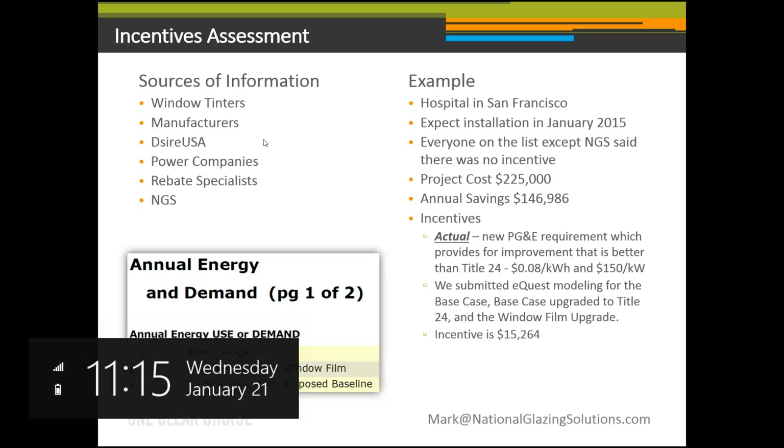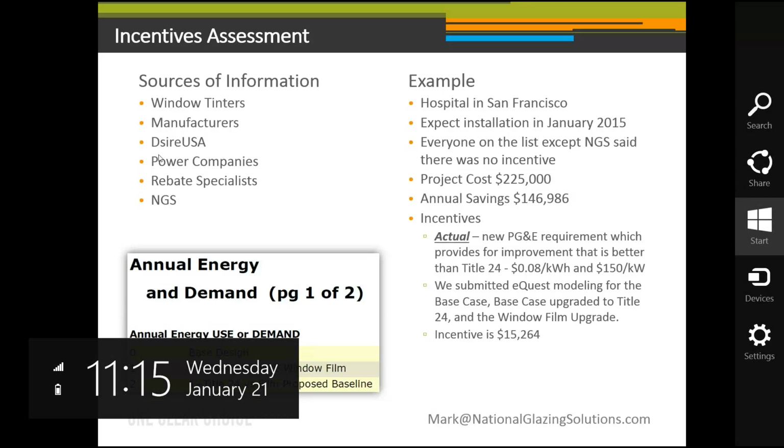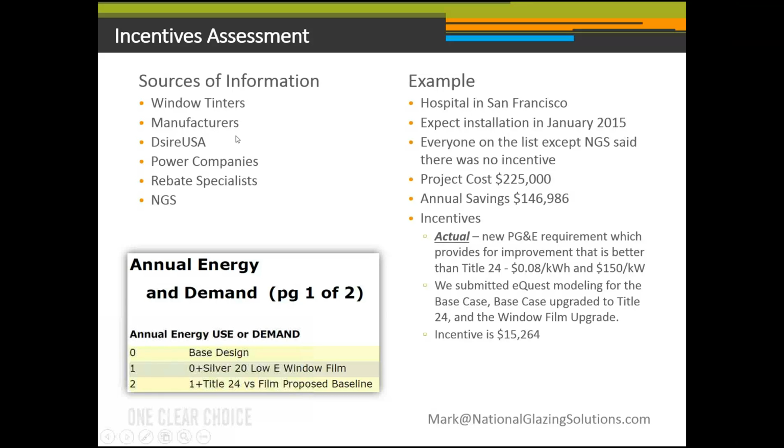And indeed, the best source of information may be the rebate specialists. But I suggest you come directly to us and let us pursue all these avenues and others, because you'll see soon that we may have a better chance of finding any incentive possible. Here's an example of a hospital in San Francisco.